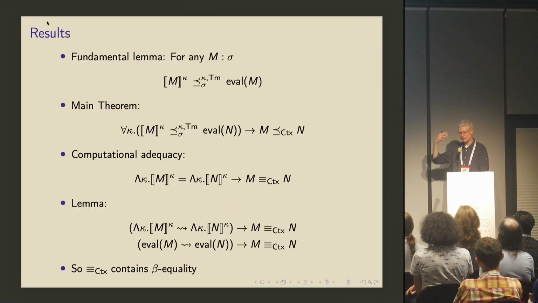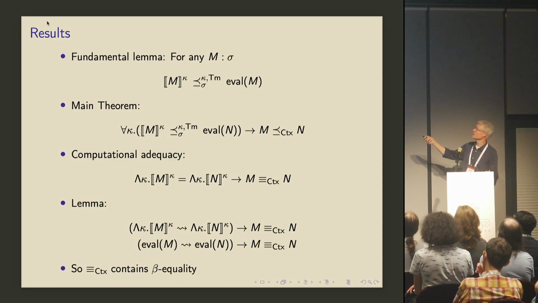Okay, so I've defined a denotational semantics using guarded recursion. I've defined an operational semantics using guarded recursion. And I've defined a relation between the two also using guarded recursion. And now I can prove standard results here, which would say that any term is related to itself in this relation.